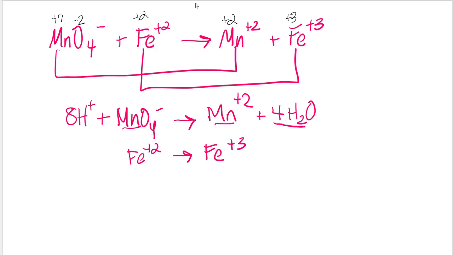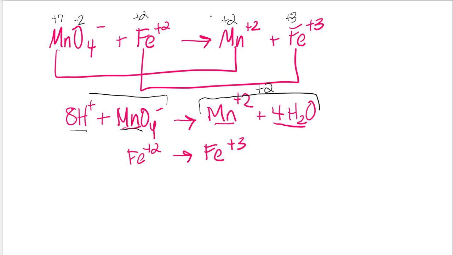Well, let's look and see what we've got so far. On the right, if I look at my charge, I have a charge of +2, right? I have 1 manganese +2. My 4 waters don't have a charge. It's neutral. On the left, I have 8 H pluses and 1 permanganate, which is a minus.